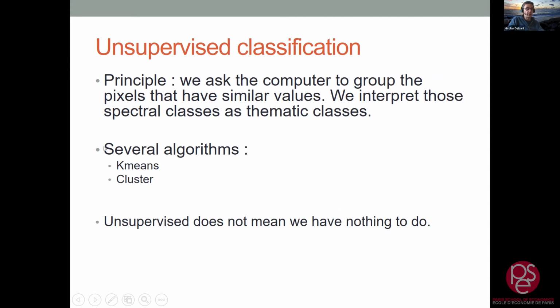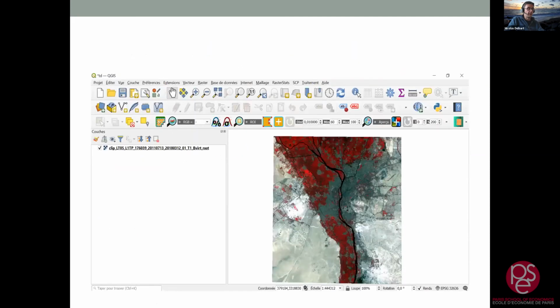I will present how we can use k-means applied to remote sensing images. For example, still in QGIS, you can use the same module as before, SCP, the semi-automatic classification module, and you can make a map. K-means is an iterative algorithm which starts by a random classification.